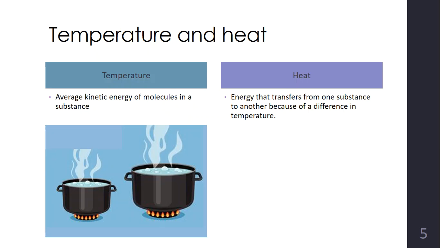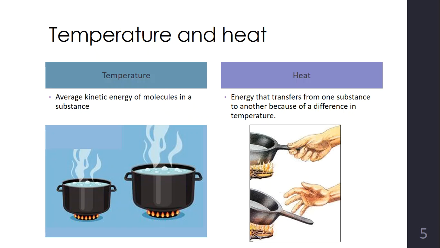That differs from heat. Heat is energy that transfers from one substance to another because of a difference in surface temperature. So for example, if I have a cast iron pan on a fire and I grab the handle of that, that fire has transferred heat into that pan, and when I touch that pan, the laws of energy say, okay, your hand is much cooler than this pan is.